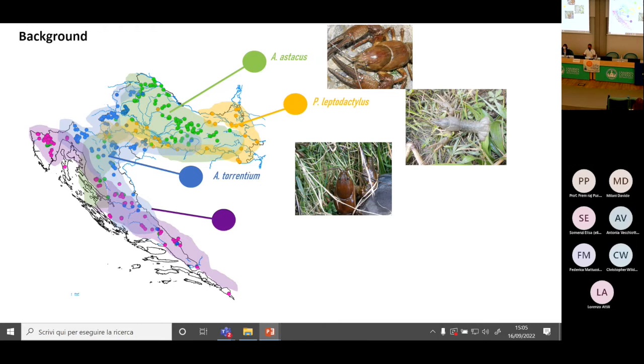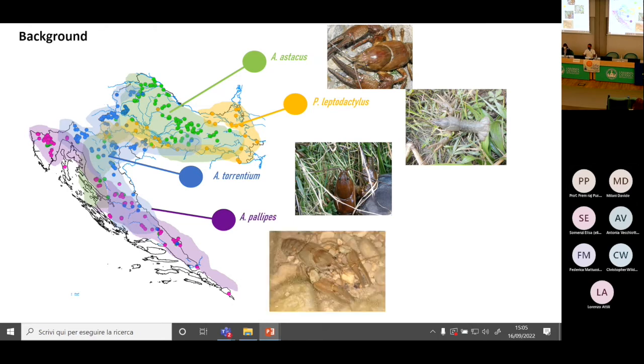There are also a few streams in Mediterranean Croatia draining the Adriatic Sea, where I suppose they stayed trapped after the mountains rose. And finally, we have the white claw crayfish, Austropotamobius pallipes, a species complex. I'll say something about it later. This species is distributed only in water bodies draining the Adriatic Sea.